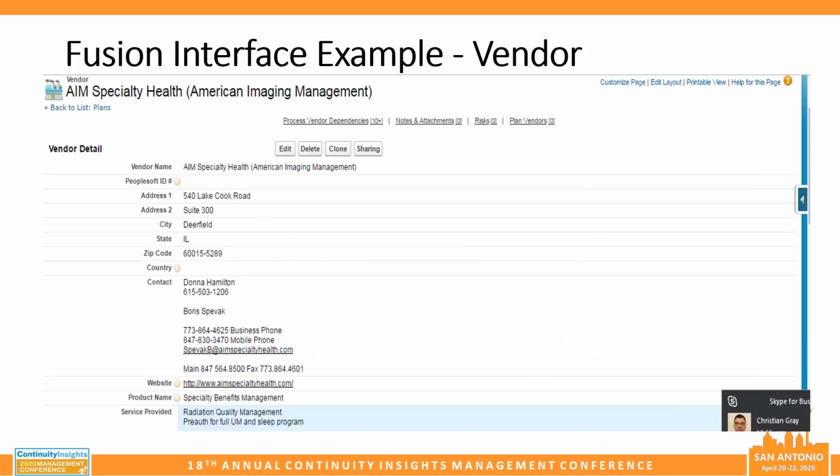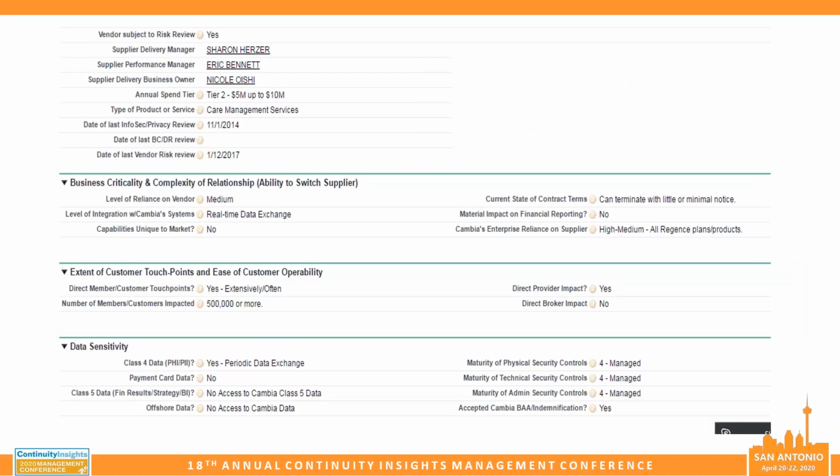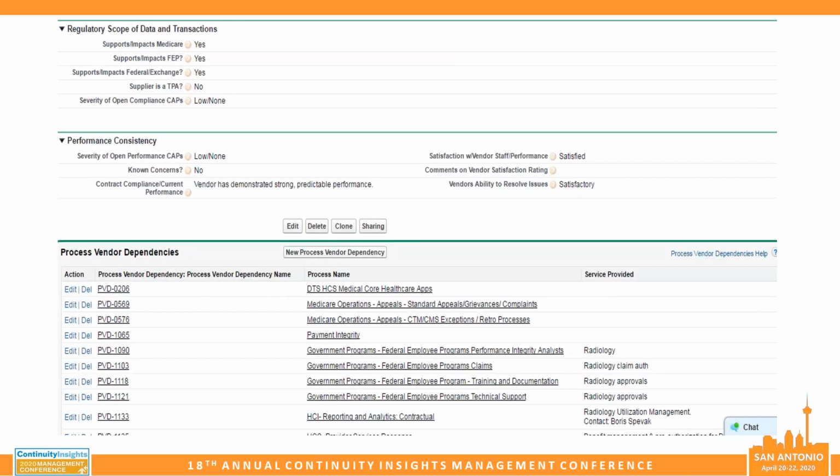This is an example of just data we've collected. So here's a vendor that we use and some basic information about the vendor and how much money we spend with them and what our criticality and complexity of the relationship with that vendor is, number of customer touch points and customer operability, the data sensitivity of the data that we share with that vendor, the regulatory scope of the transactions that they have with us, the performance consistency we've seen from them, whether we're satisfied with them, and here we go.